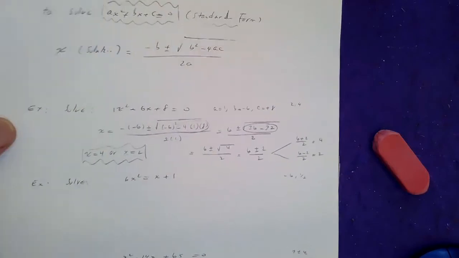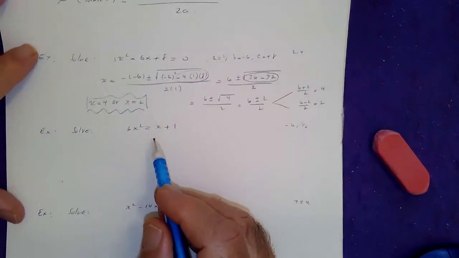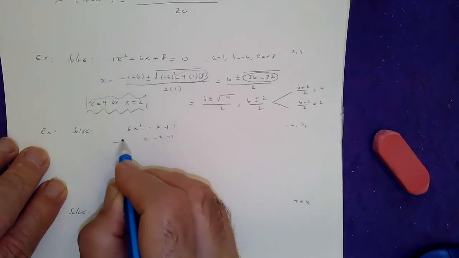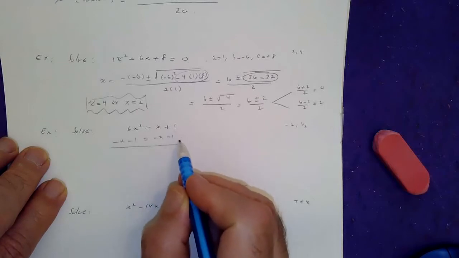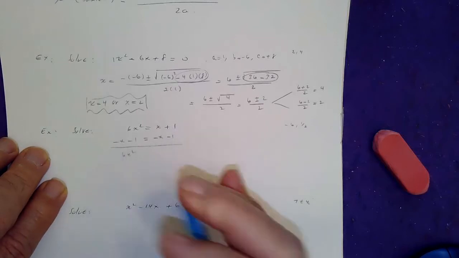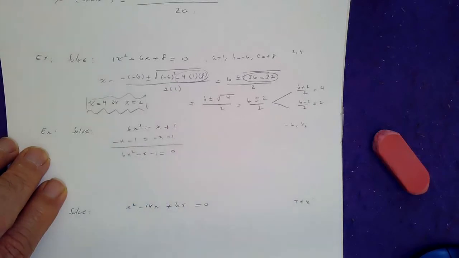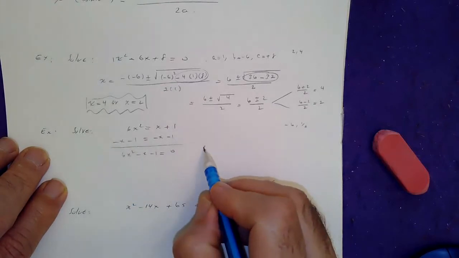We got that by the quadratic formula. This next one is not in standard form, so the first thing you do is subtract 1 from both sides, so you can have a 0 on the right side. So this is 6x squared minus x minus 1 equals 0. Now you have to identify a, b, c.